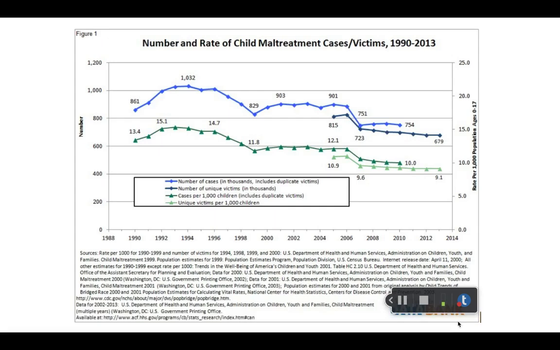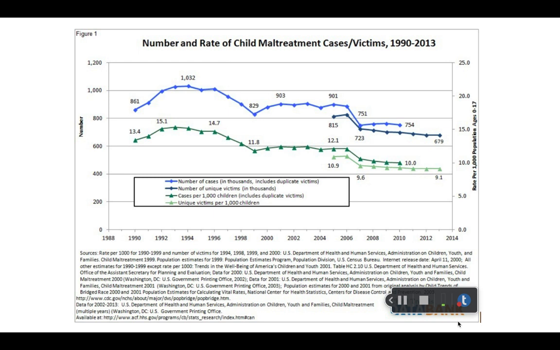Another example: number and rate of child maltreatment cases or victims from 1990 to 2013. The top lines are raw numbers of cases, and the scale is shown on the left. The green lines are expressed in terms of prevalence because they are adjusted for population size, and that rate is shown on the right side of the graph, the rate per 1,000 population age 0 to 17.